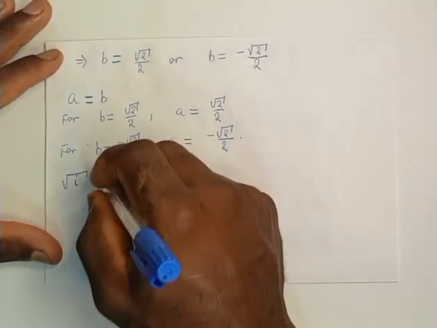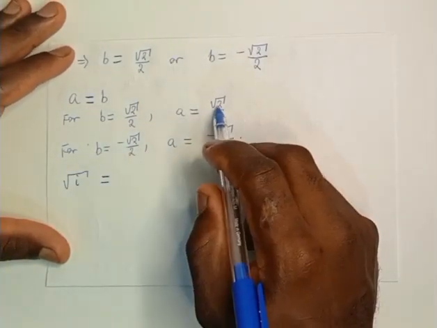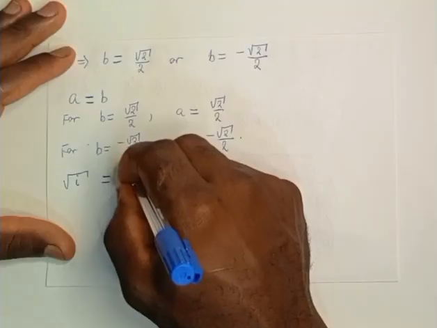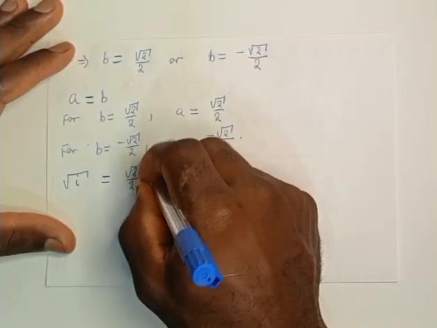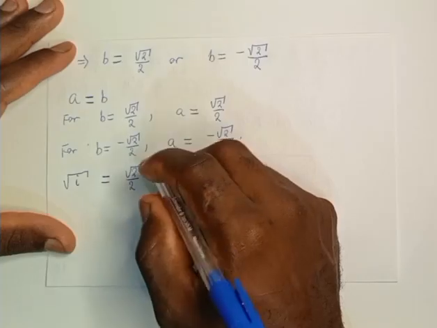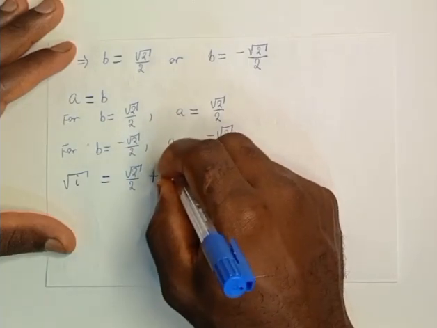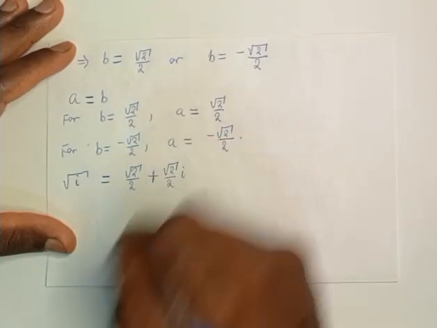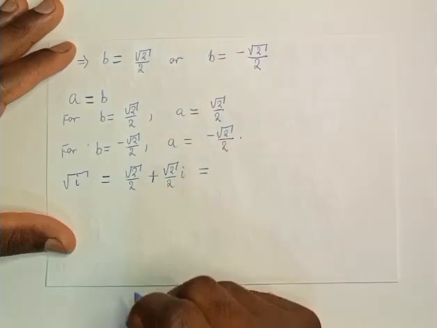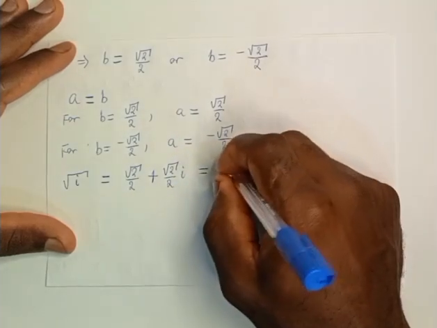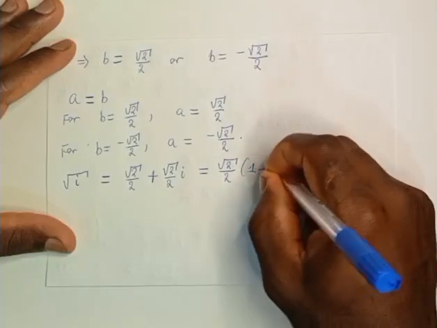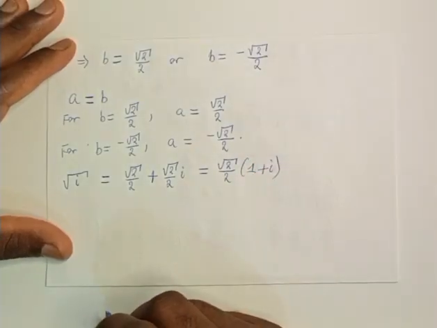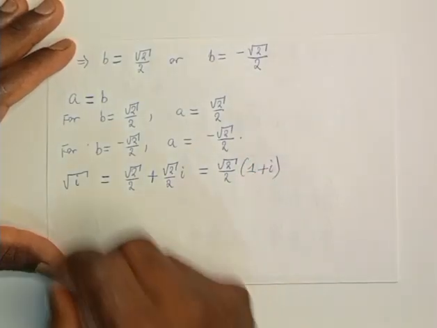This will give us the first one, we take root 2 over 2 for a, plus ib gives us root 2 over 2 i. You see that root 2 over 2 is common. Factor root 2 over 2 times 1 plus i. This is the first square root.